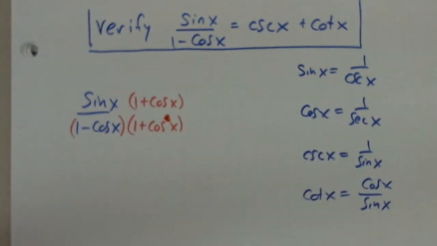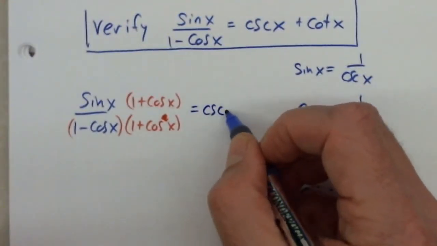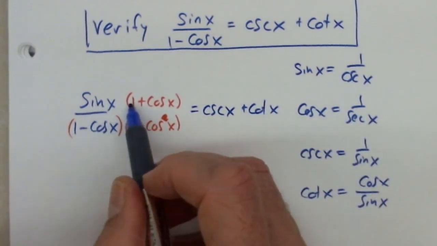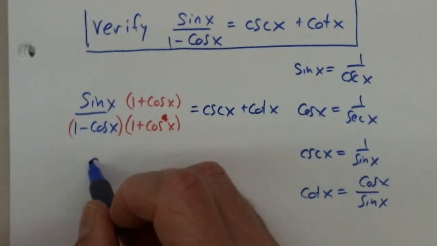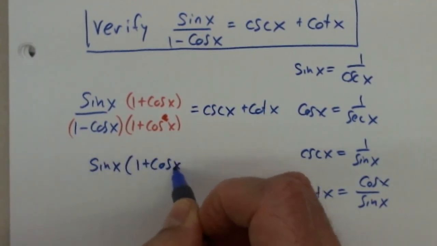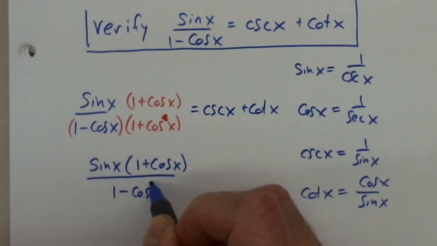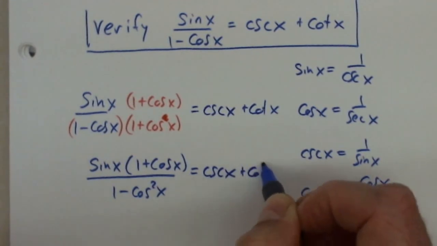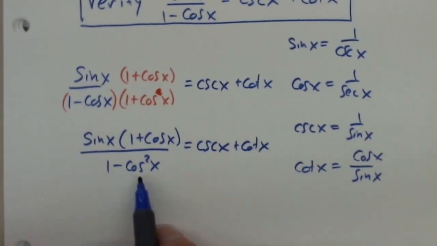So we're just multiplying numerator and denominator by the same thing. So now we have sine plus sine cosine. I'm going to leave it like this. And that'll be a 1 minus cosine squared. Here we have 1 minus cosine squared.